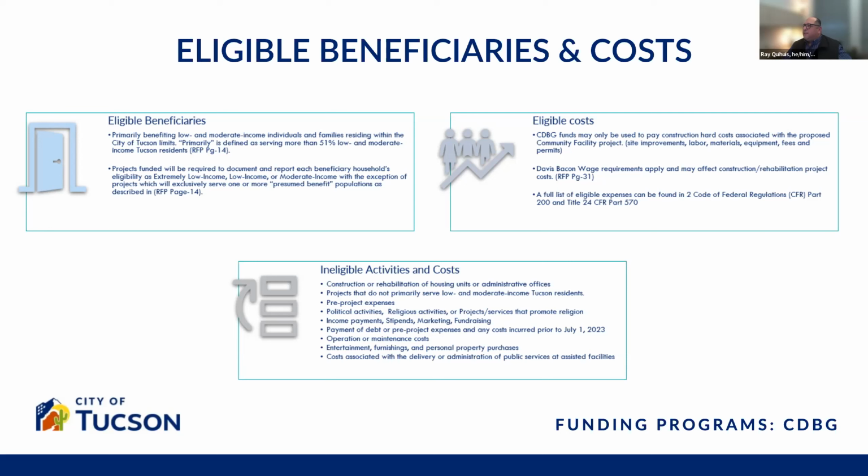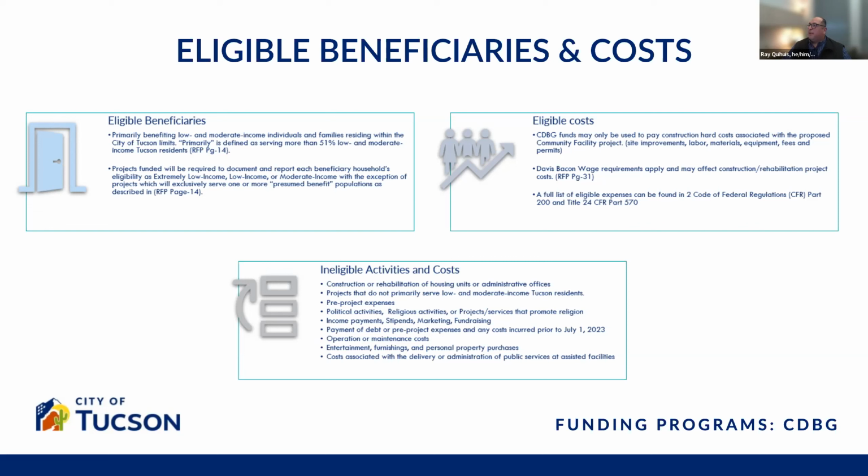Eligible costs. CDBG funds may only be used to pay construction hard costs associated with the proposed community facilities project. That includes site improvements, labor, materials, and equipment. It does not include fees and permits.